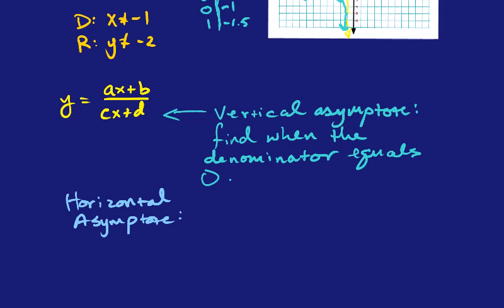The horizontal asymptote is going to be found by doing this: y equals a divided by c. So here's your leading coefficient of the numerator and the leading coefficient of the denominator. You are going to find the horizontal asymptote by just dividing the two numbers. So whatever number you get, that's where your horizontal asymptote is. So a divided by c.